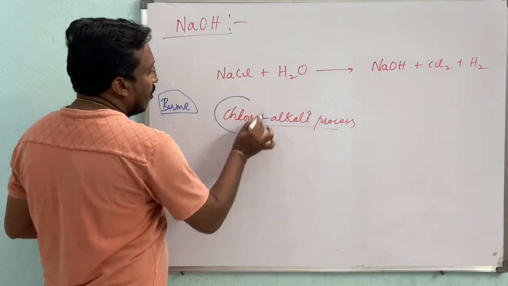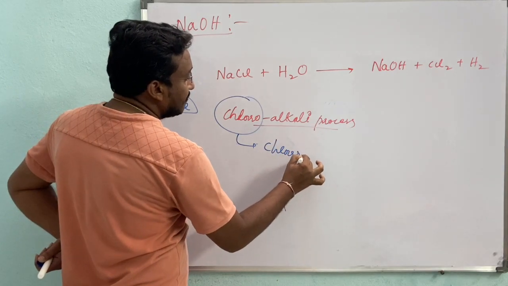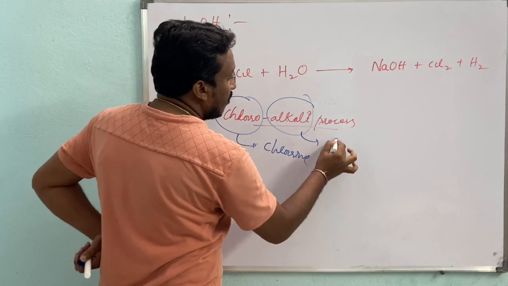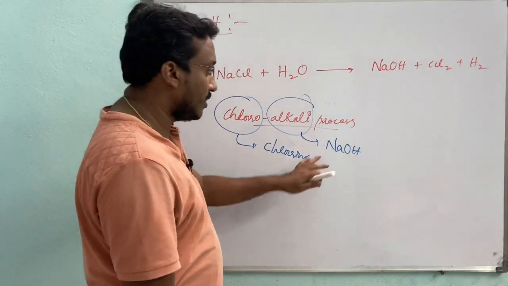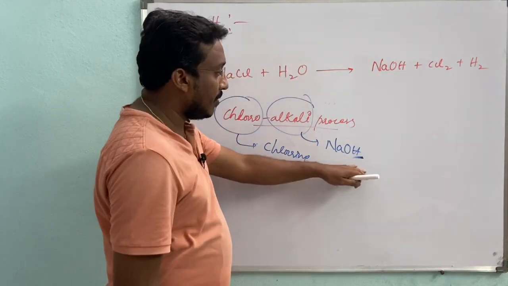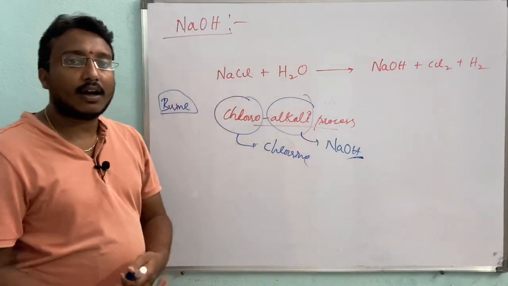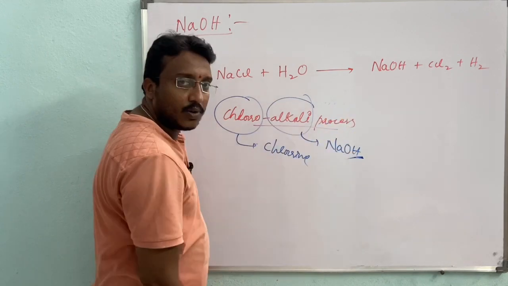Chloro is for chlorine gas, alkali is for NaOH. Bases which are dissolved in water are called alkali. That's why it is the chloroalkali process.